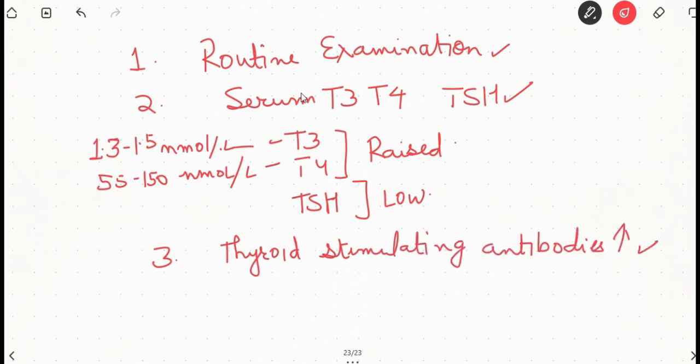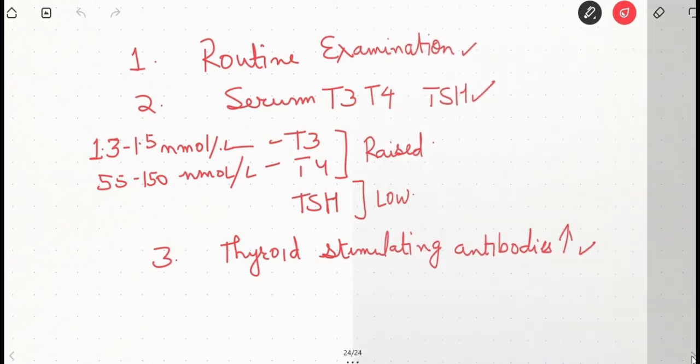Now what will be the treatment of primary thyrotoxicosis? Your aim of the treatment should be to restore the patient to euthyroid state, and to reduce the functioning thyroid mass to a very critical level. So number 1 is to restore the patient to the euthyroid state.